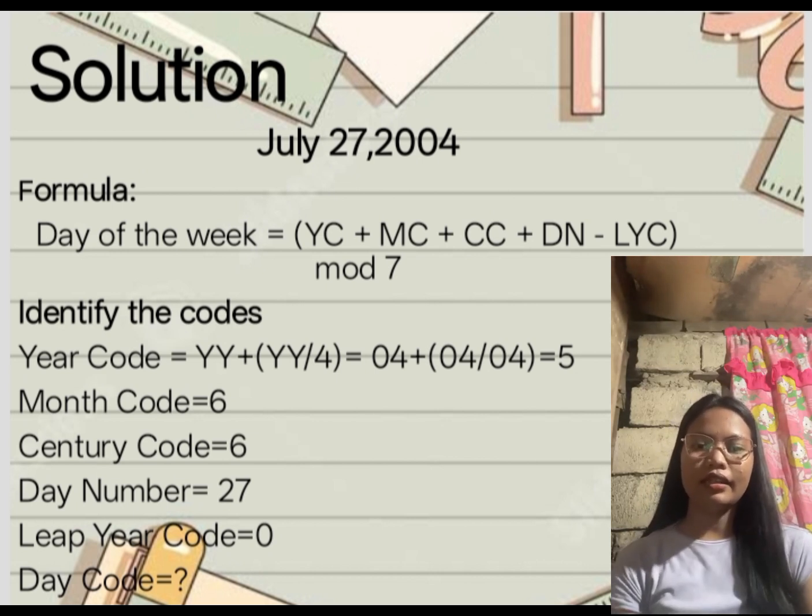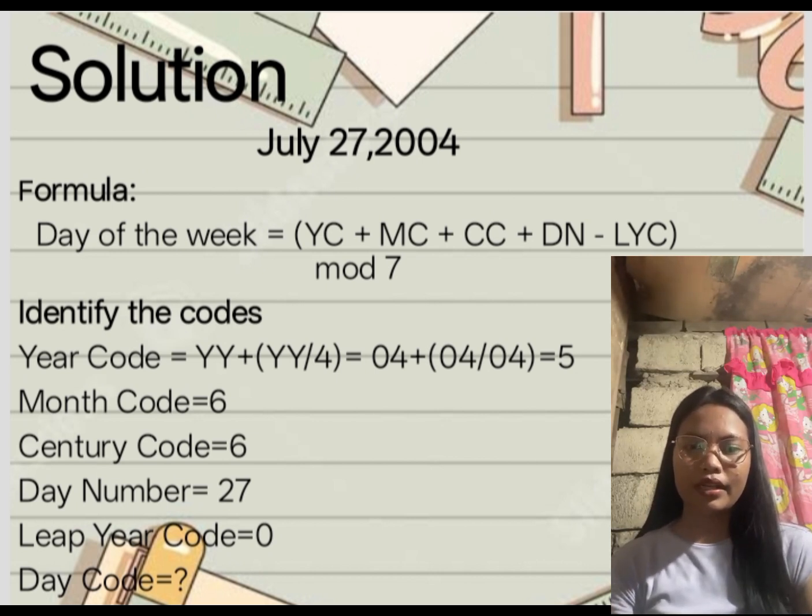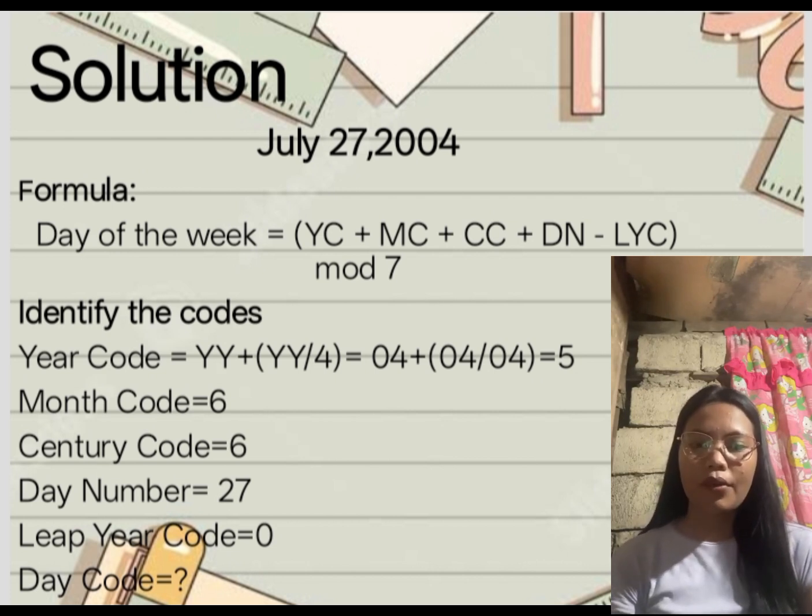Next is the day number. The day number is simply the date of the given date, which is 27. Next is the leap year code. Our leap year code is equal to 0 since our month is not January or February.